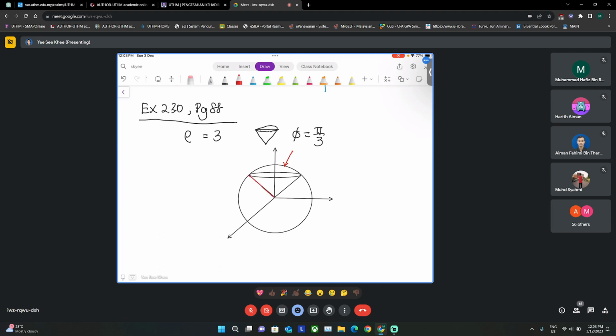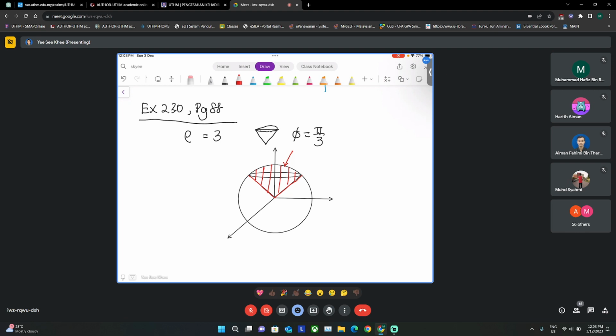This is the meaning. It refers to this region. You need to find the volume of this region using spherical coordinates.